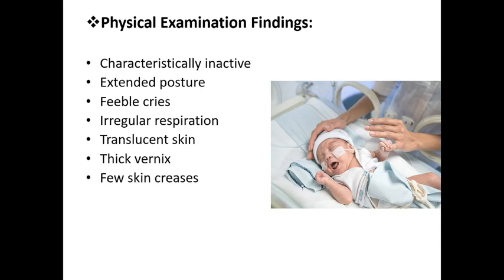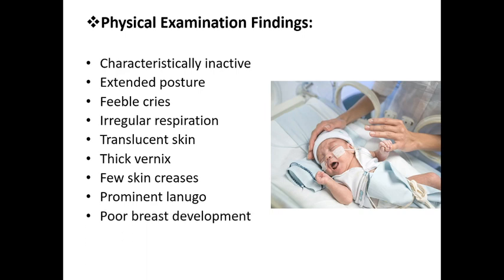Then they have few skin creases, as the skin creases are not properly developed as in a normal newborn baby. They have prominent lanugo hair, poor breast development, and soft nails, which may not be properly developed up to the fingertips.